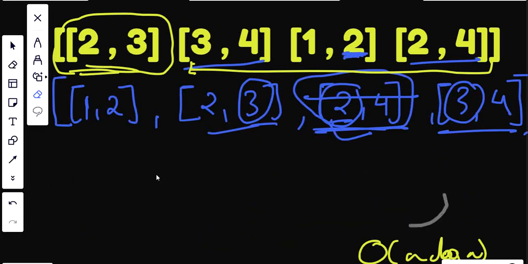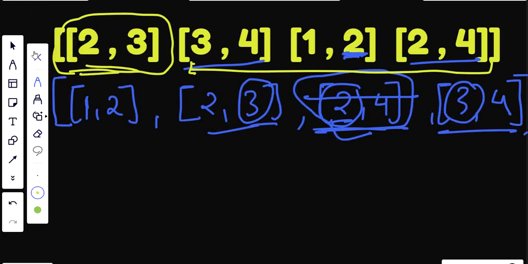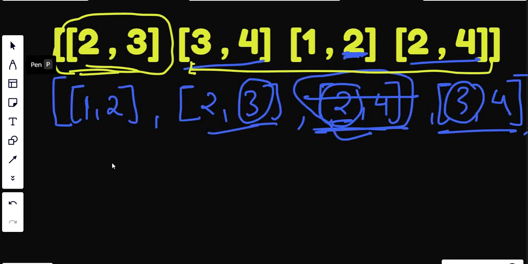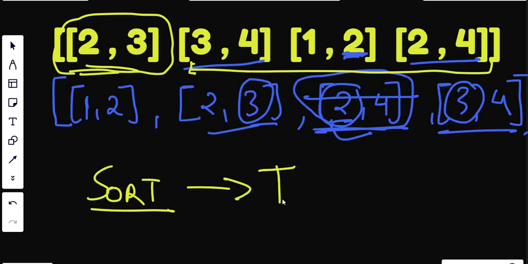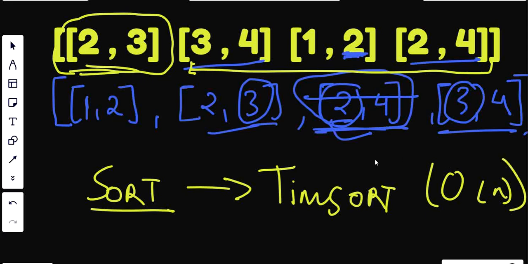And the space complexity of this greedy method can be considered as big O of n. Why? Because we are using sort function, and in Python the function itself uses tim sort, and tim sort takes big O of n in worst case. That's why we are considering that our space complexity is big O of n.